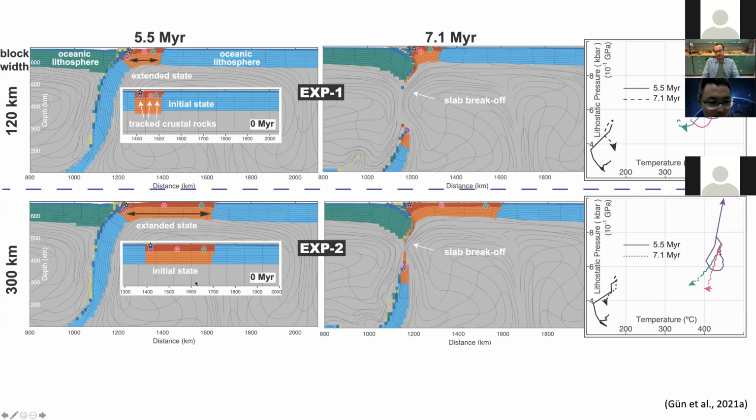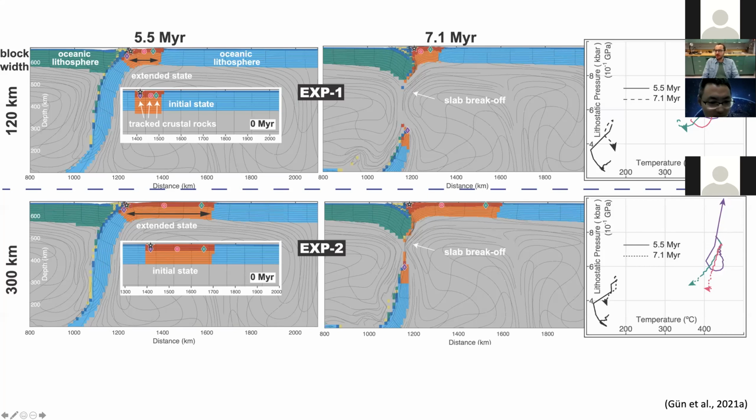The second part, this second experiment, showed a similar setup, but this time the microcontinent is a little bit bigger, so it is 300 kilometer wide. Again, we see a similar trend in the pressure temperature path of these tracked rocks, but maybe you realize that the amount of exhumation is less compared to smaller microcontinents.